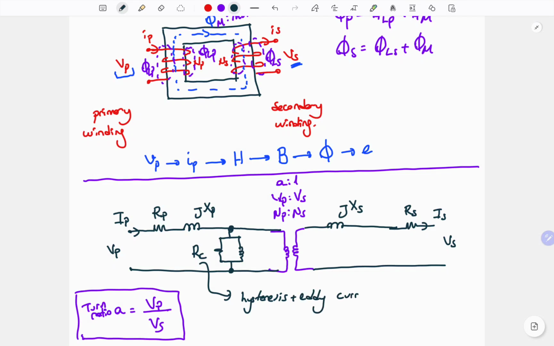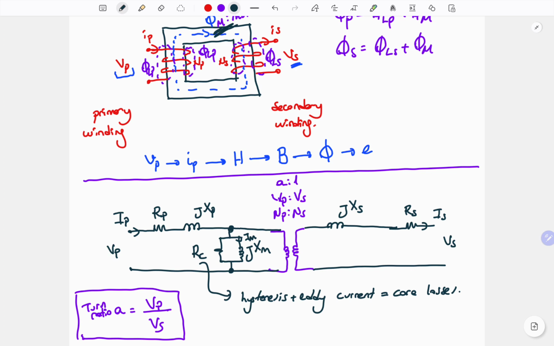In addition to that, we have one more component, which is XM. And we need this component to obtain the IM, which is the magnetizing current of this transformer. So if we can create this IM, it will be the main parameter to obtain the mutual flux, which is the connection flux for the secondary side.